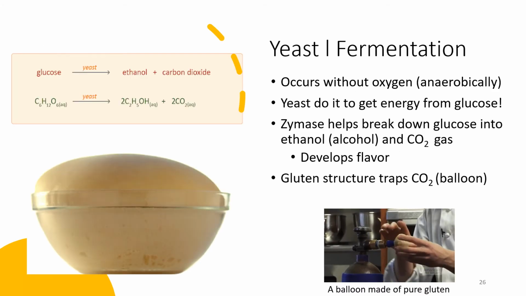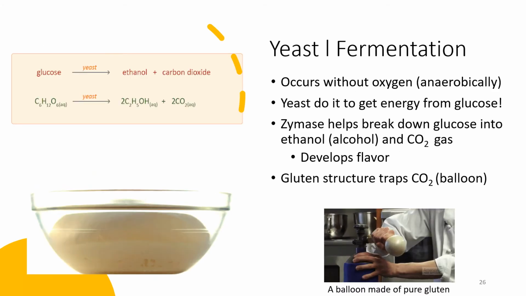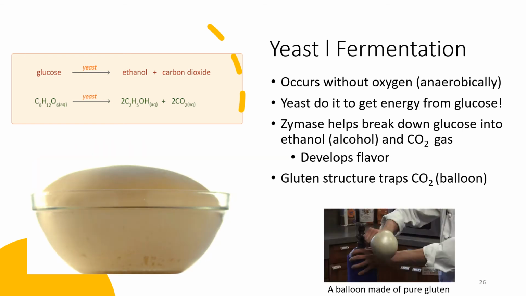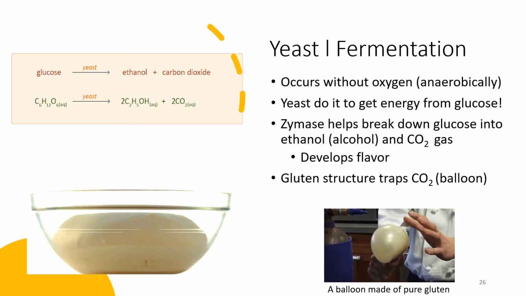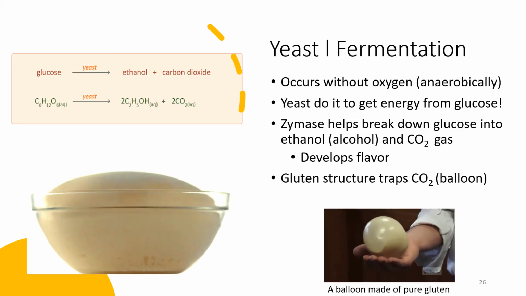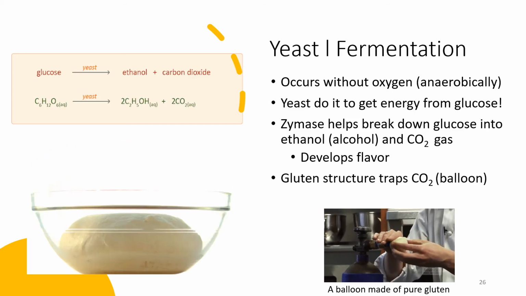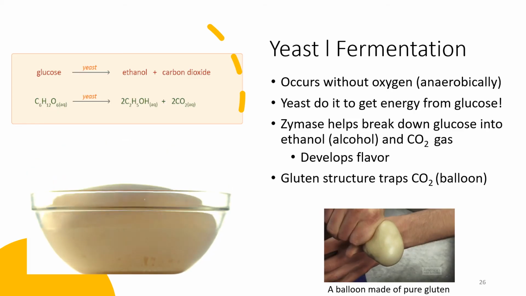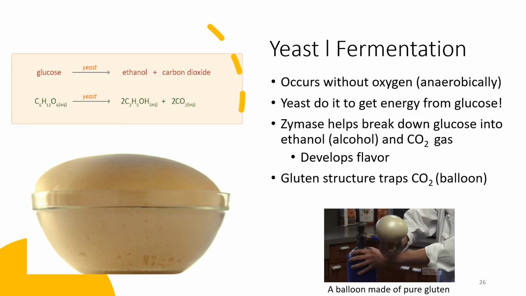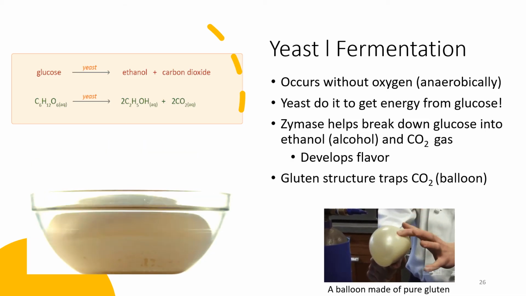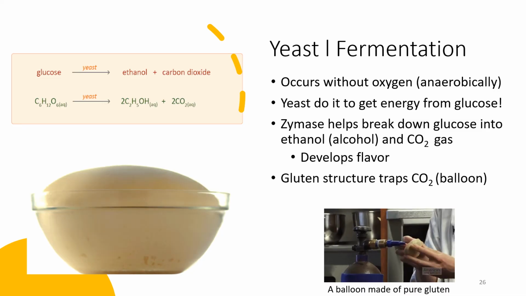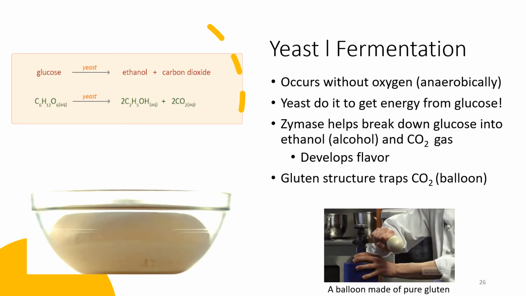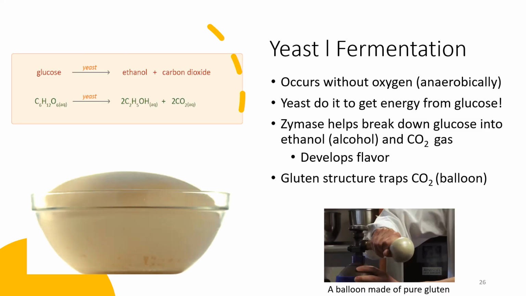So what is fermentation? Fermentation is a really important process in bread making, as I've mentioned probably 500 times by now. It's a process that breaks down the glucose, as we mentioned earlier, which can arise from the breakdown of the starches in the flour or from a sugar source that you add to the flour. The fermentation process essentially breaks down that glucose into ethanol, which is an alcohol, and carbon dioxide.